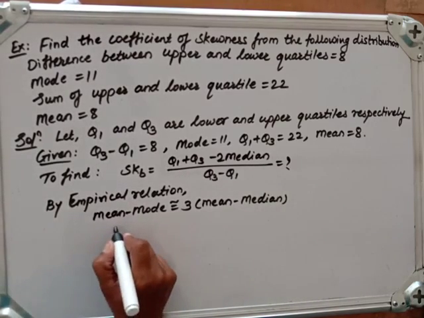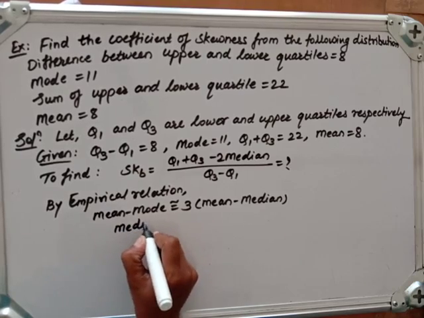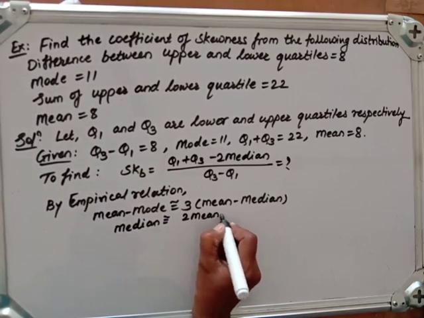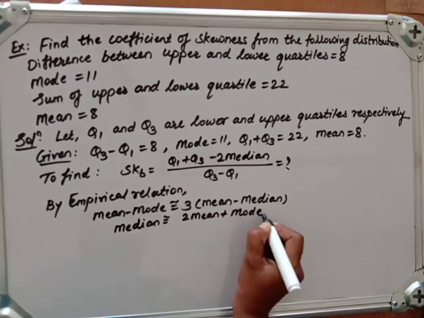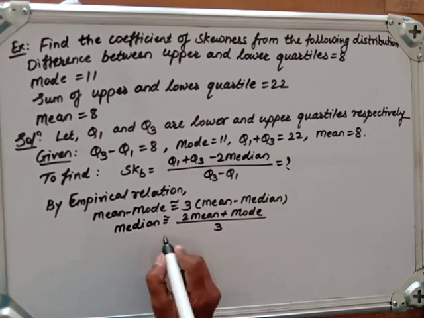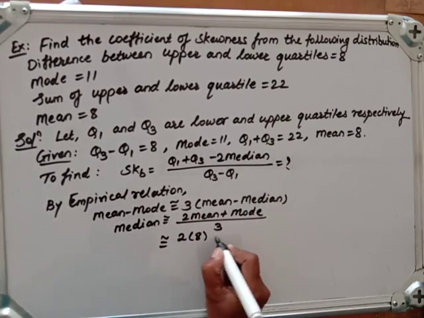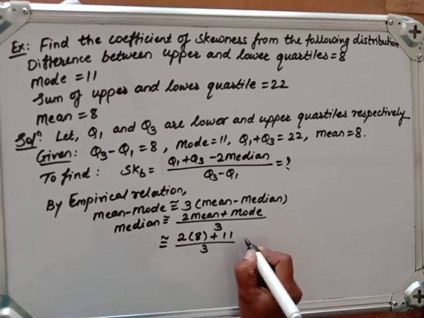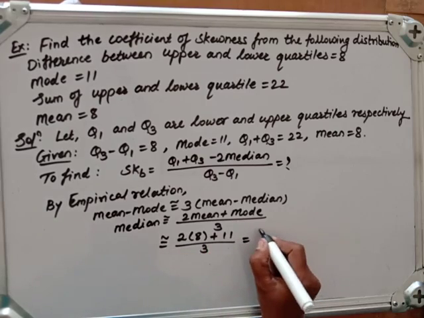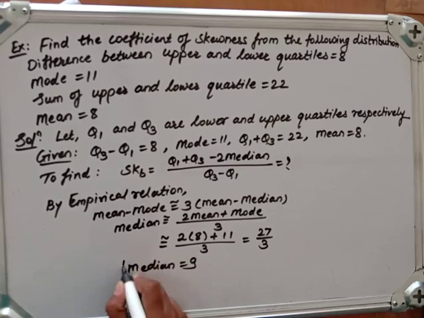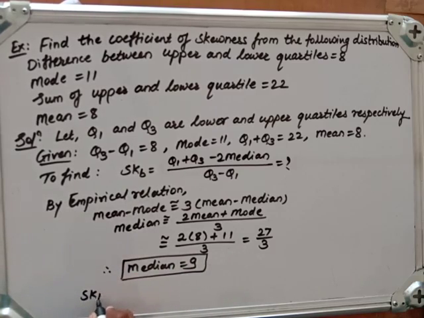So this gives median equal to 2 times mean plus mode upon 3. This is equivalent to 2 times 8 plus 11 upon 3. So this is 27 by 3. From this we get median equal to 9.